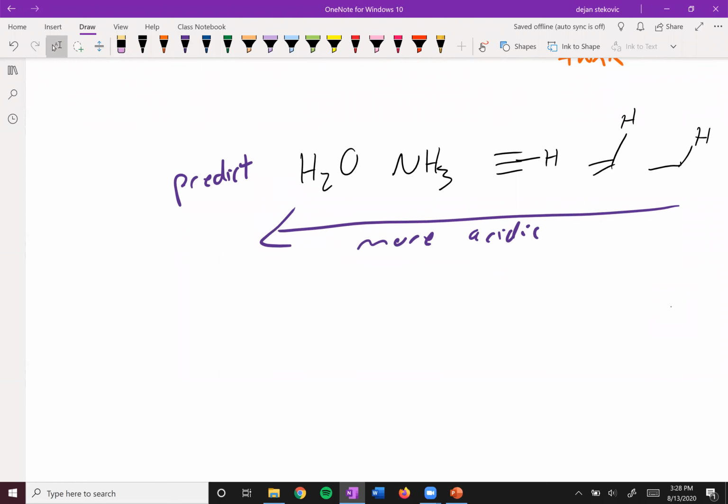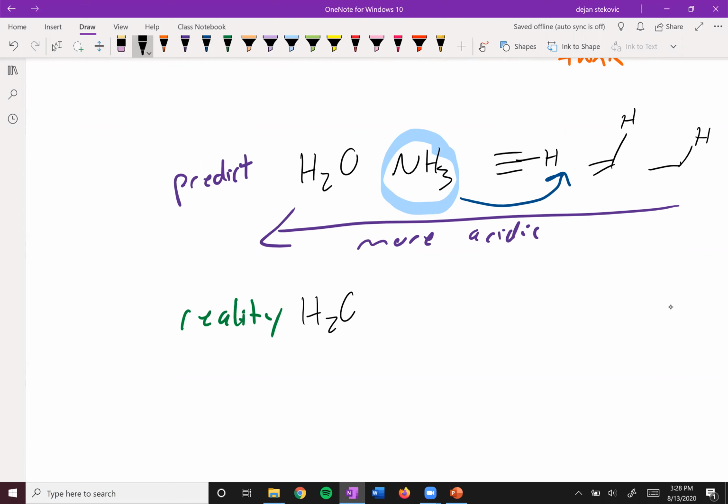However, in reality, we have a movement of one of these in our table. So this NH3 actually moves over here. And so the true order goes H2O, this sp carbon, then NH3, then the sp2, and then the sp3.